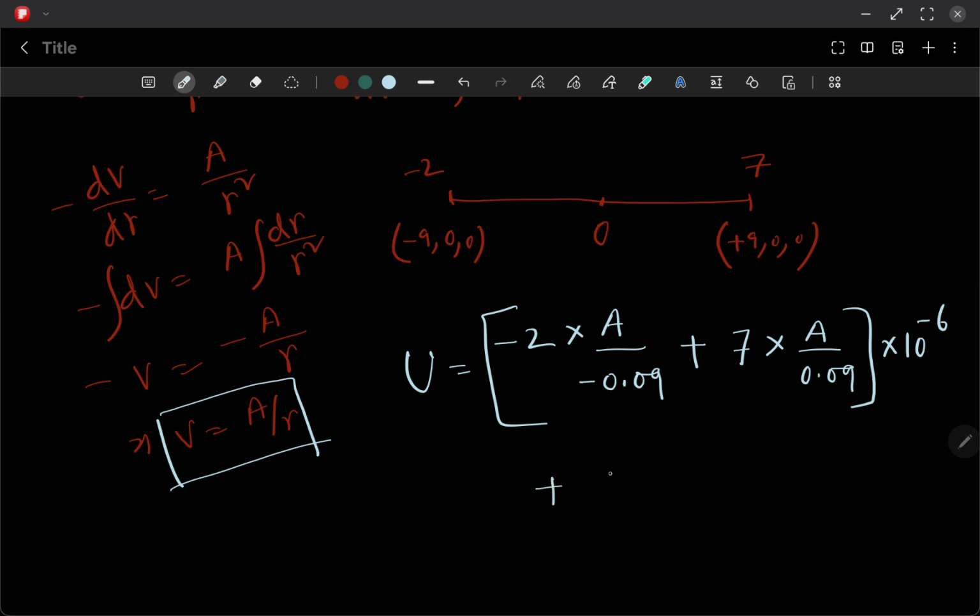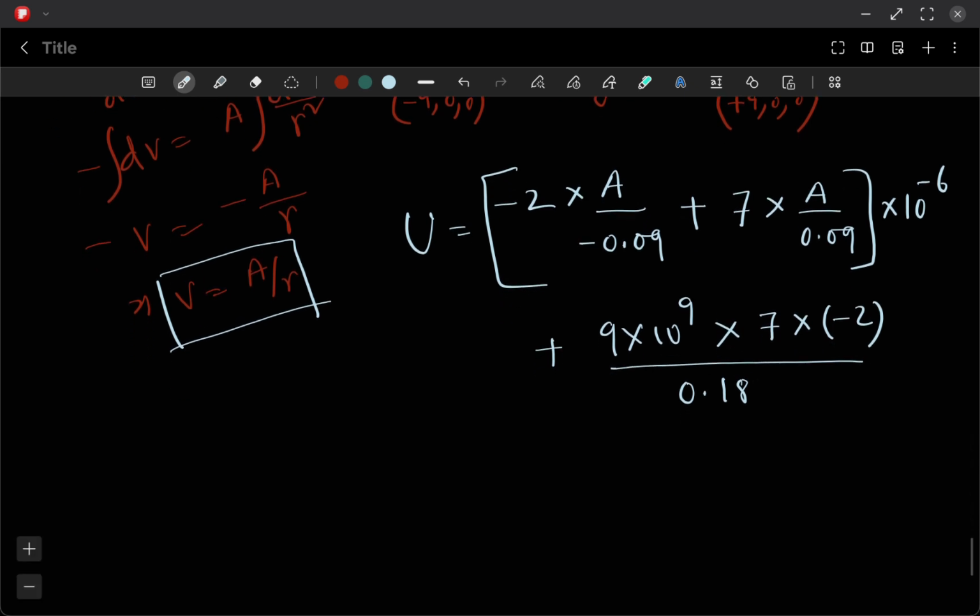And the next is K, which is 9 into 10 to the power 9, Q1 Q2, that is 7 into minus 2, by distance 0.18. So just calculate what U will be.